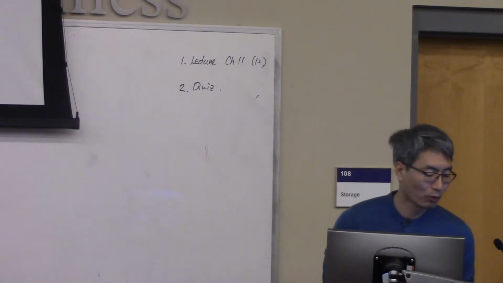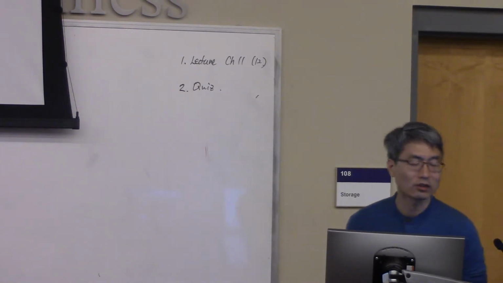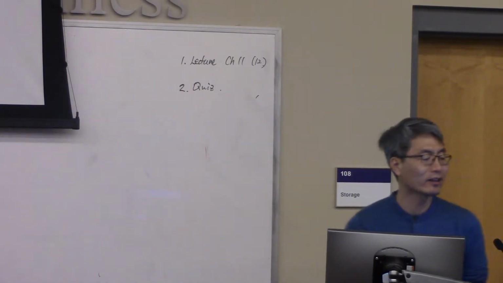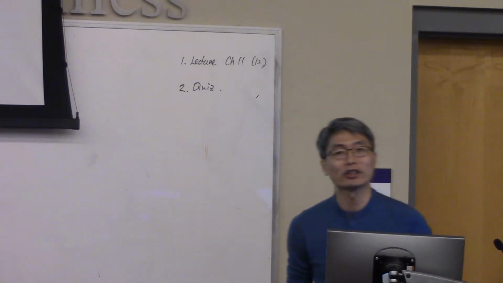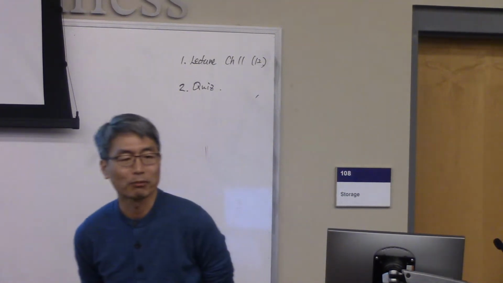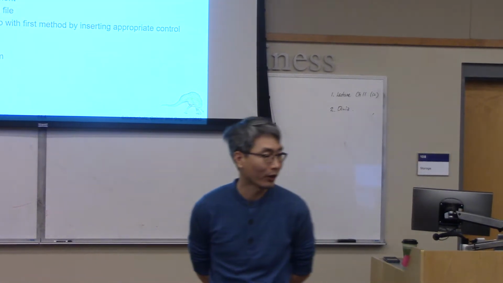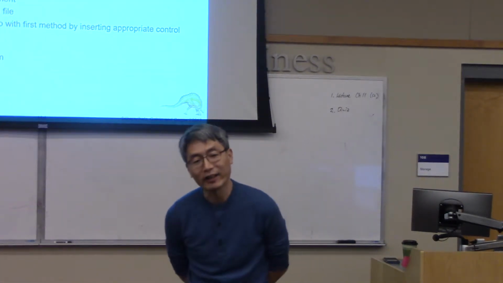Okay, so let's quickly go over what we discussed in the last class. Last class we talked about what a file is. A file, as we discussed several times, is nothing but a sequence of bytes. But depending on how such bytes are organized, there are a variety of file types. Who decides such a file type, in other words, the data structure?